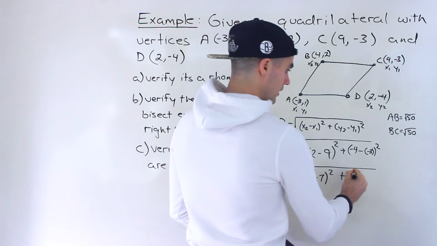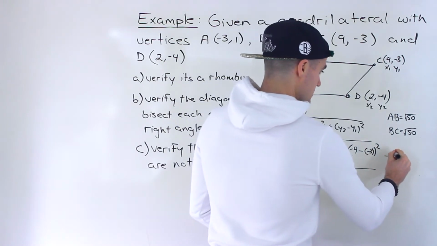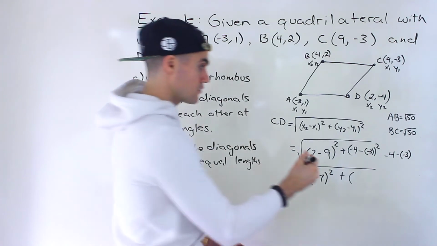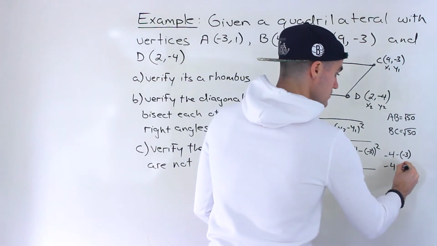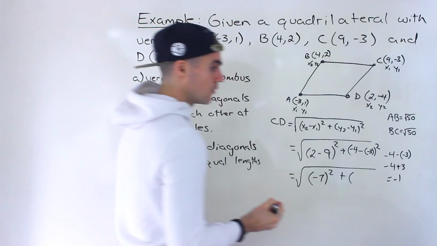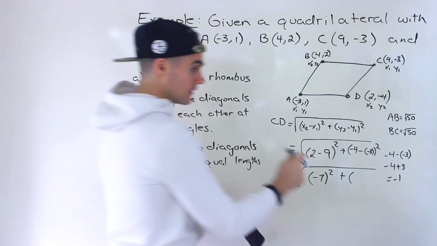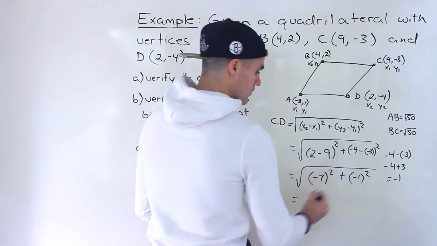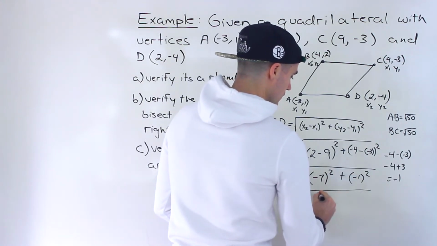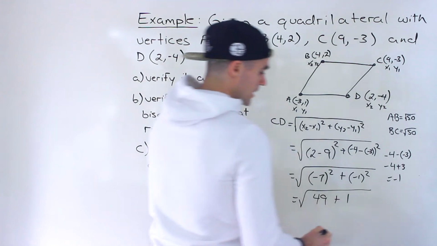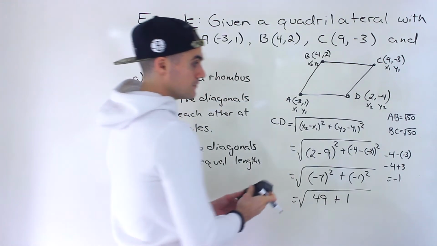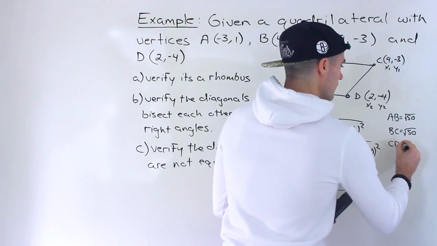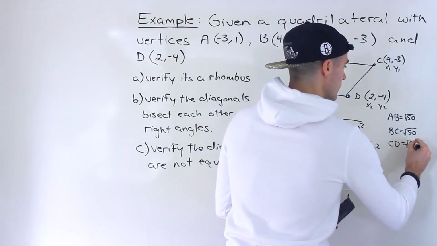That's going to be squared plus, let's do this on the side. There's a lot of negatives going on. So we got -4 minus -3, which is like -4 plus 3, which would give us -1, like that. So that bracket is going to end up being -1. That's going to be squared. Both of these turn into a positive. And we end up with that 50 again. Okay, so CD is going to be root 50, right?